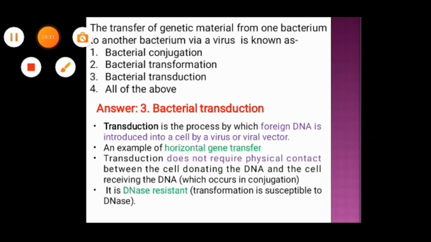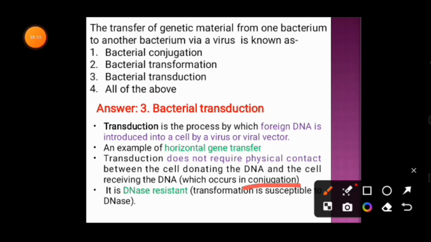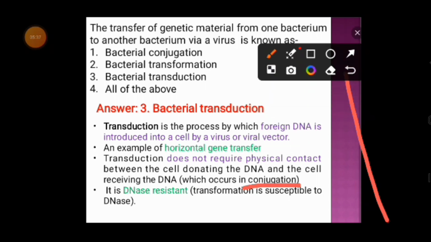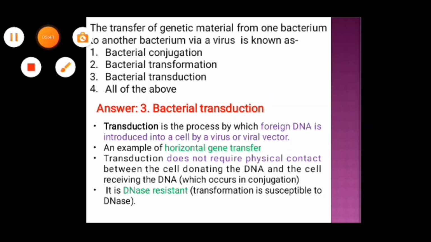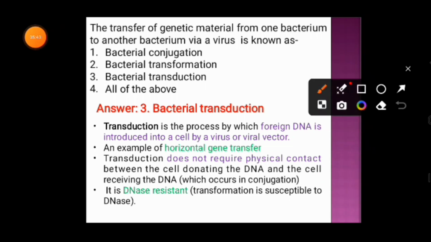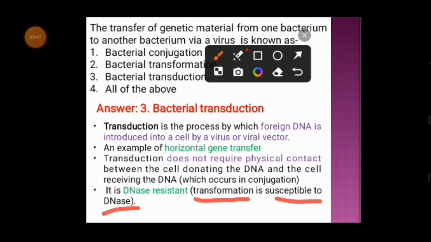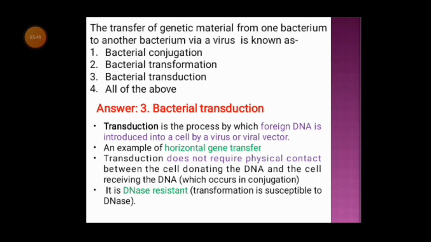So, in conjugation, there must be direct cell-to-cell contact. Transduction is DNase resistant, whereas transformation is susceptible to DNase. In transformation, the DNA is taken up by the bacteria from the surrounding environment. It takes up naked DNA in transformation.